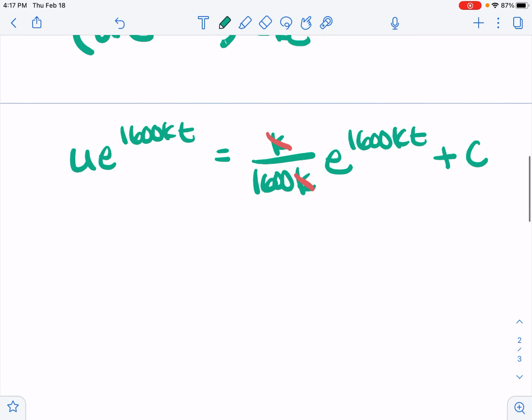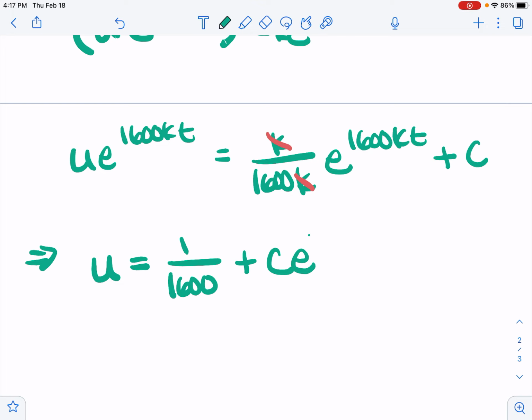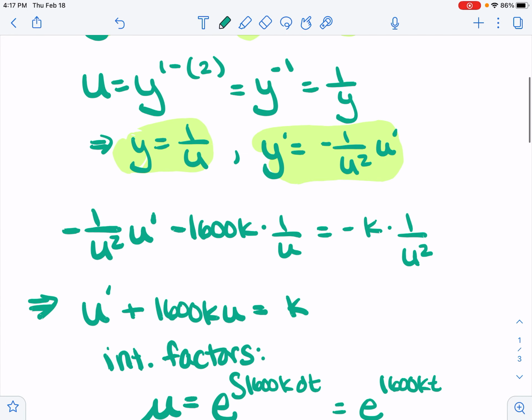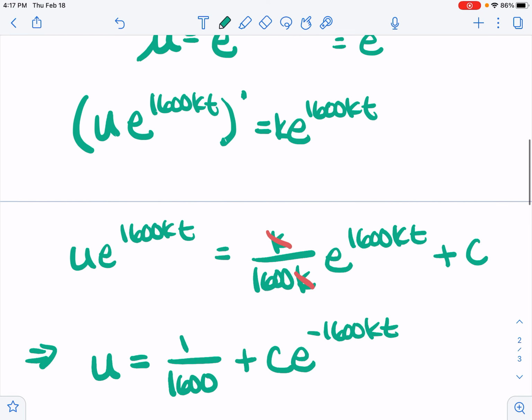We multiply through by e to the minus 1600 kt to solve for u. So u equals 1 over 1600, exponentials cancel, plus c e to the minus 1600 kt. Now that's our solution for u. And what we want to do now is remember what u is. u is 1 over y.